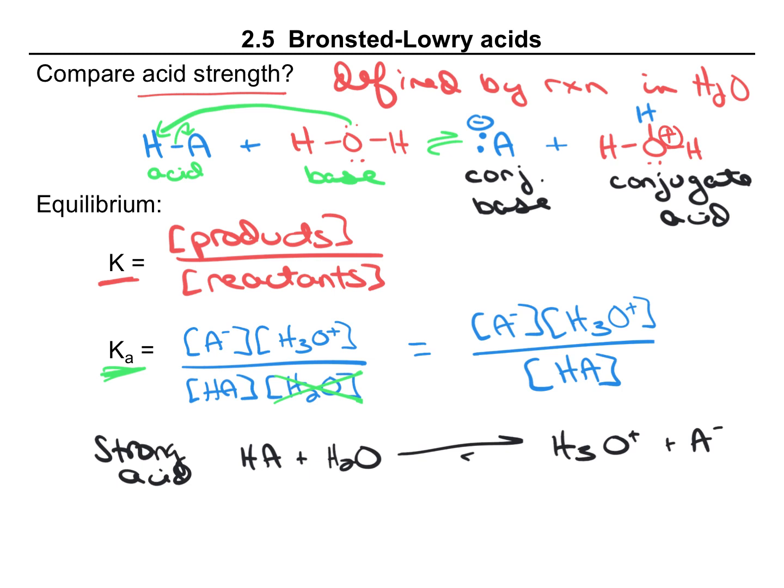So our Ka, which is equal to H3O plus times A minus divided by HA, because these concentrations will be really large and this concentration will be really small. Overall, that means our numerator is very large and our denominator is very small.